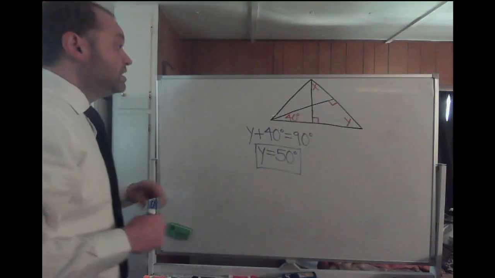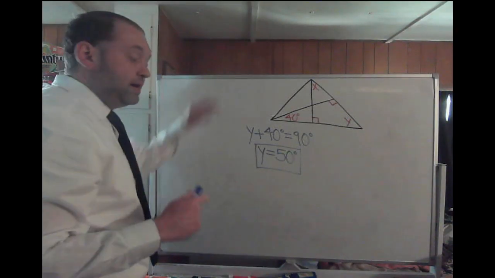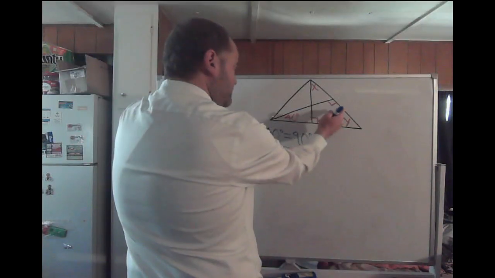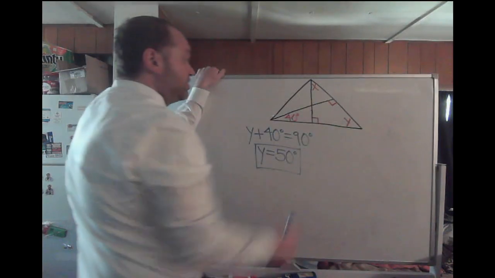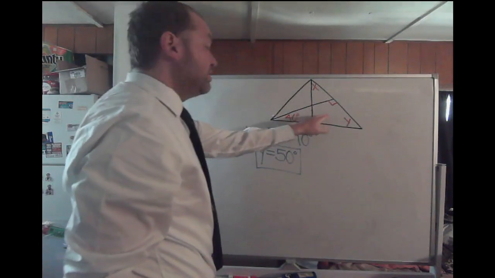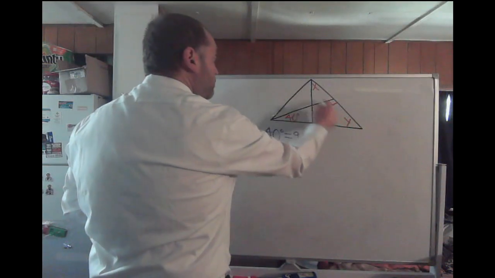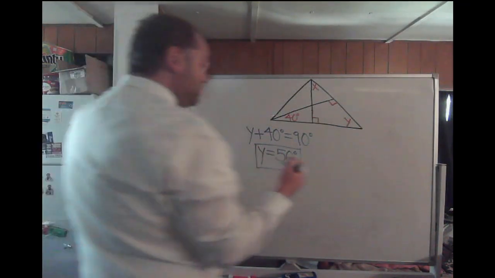Okay, we found y, so what about x? Now consider the whole right half. Merge this quadrilateral with this smaller triangle, you get one big right triangle over here. Now we know y. If we add y and x, they're also complementary.